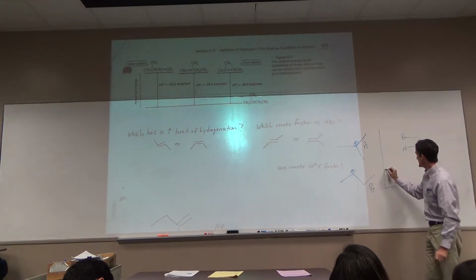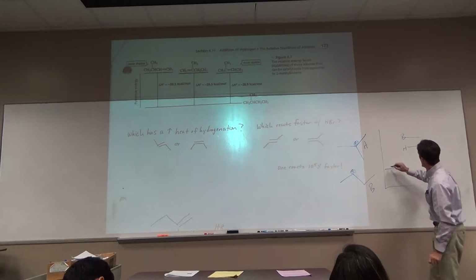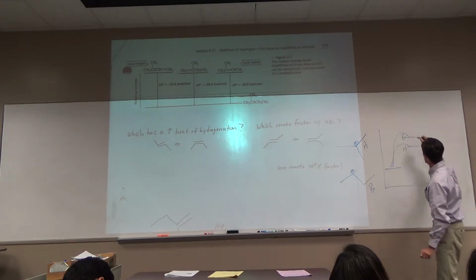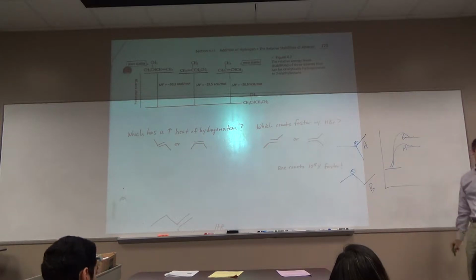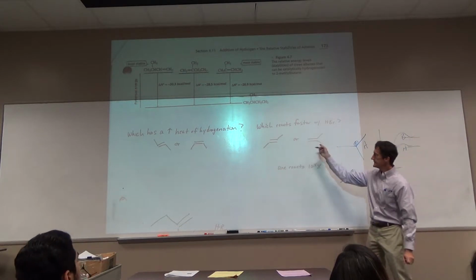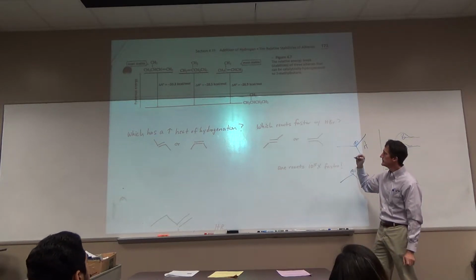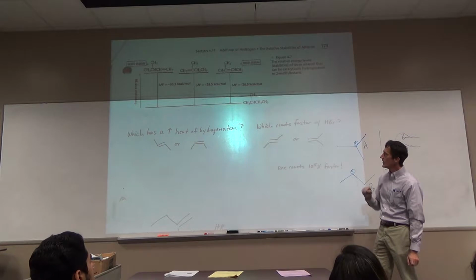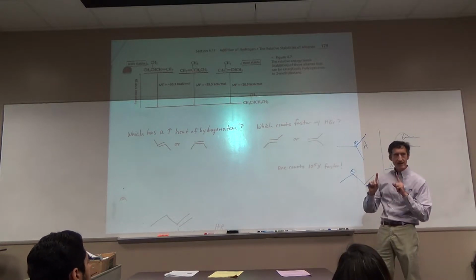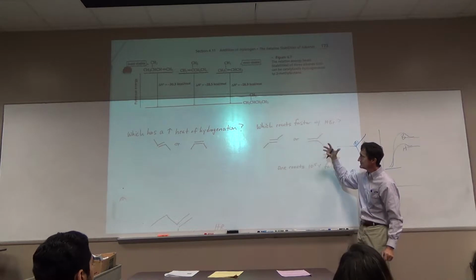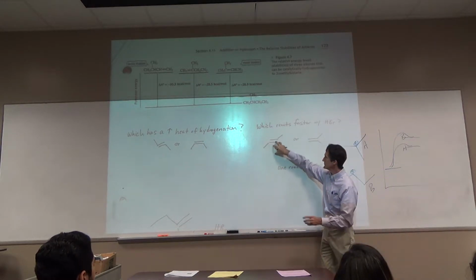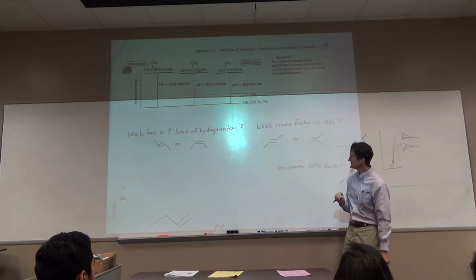Now if we were starting at the same point, which would be easier to get to? A. The problem is we aren't starting at the same point. Are these the same starting? No. And it's kind of hard to tell because they're both di-substituted, with two carbon substituents, but one is here and it's trans.